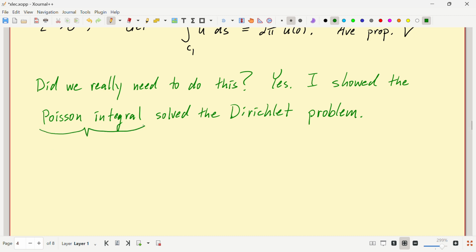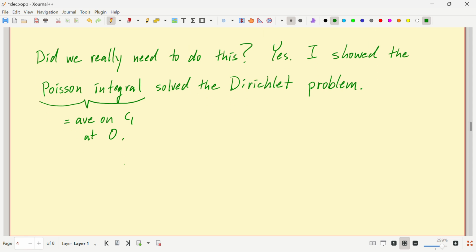But I didn't show that harmonic functions in general satisfy the averaging property. And I needed that to show uniqueness.